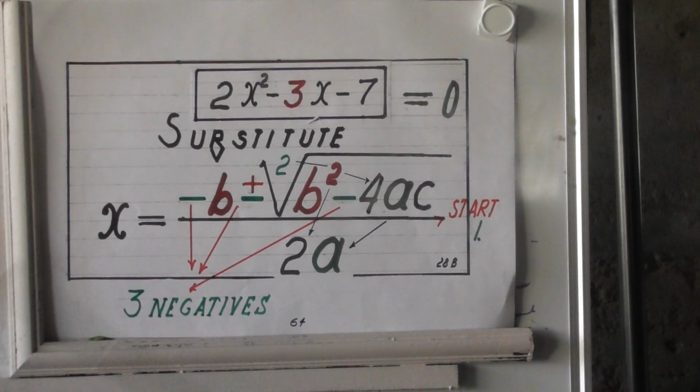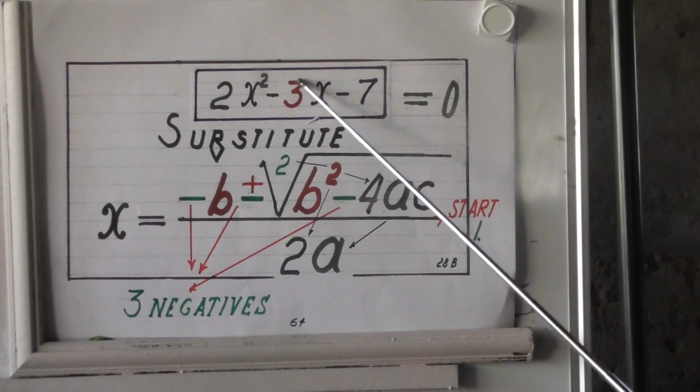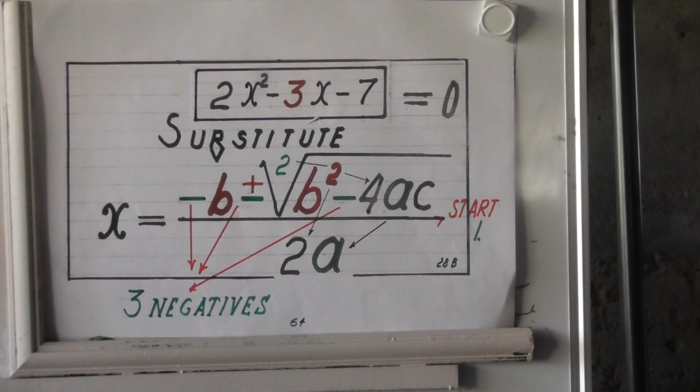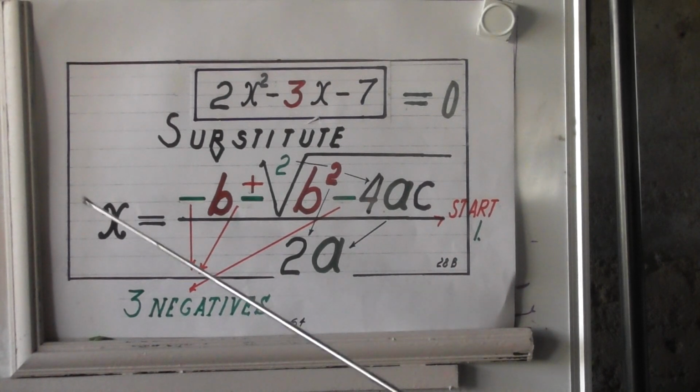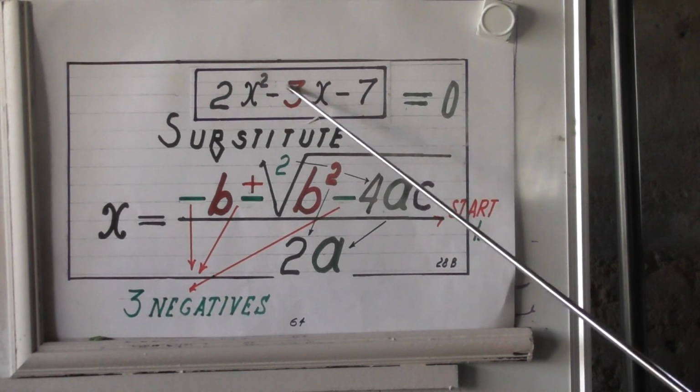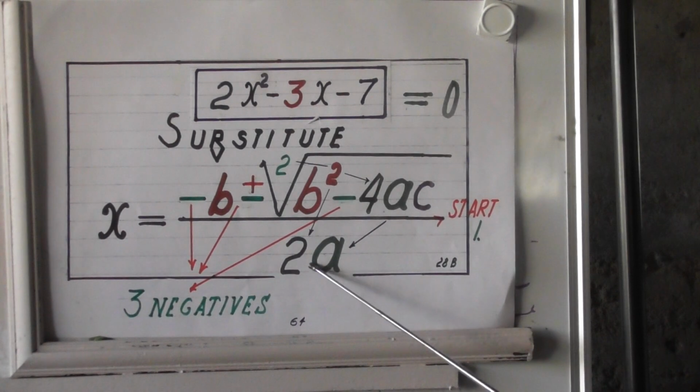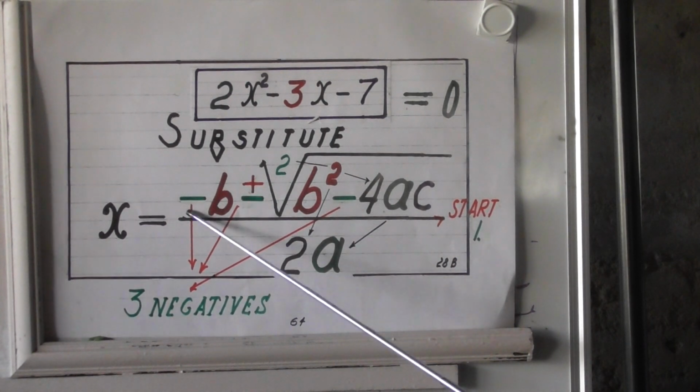A, B, C. Now that cannot be difficult, except that we include B is -3. Okay, so we have to use A, B, C. X line, 2 of those. That's a good start. We see 3 negatives.